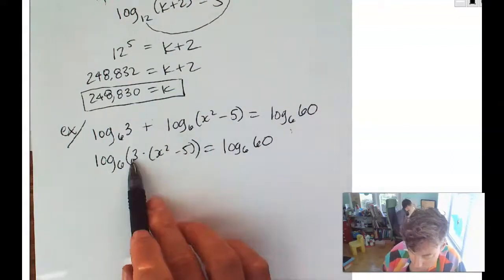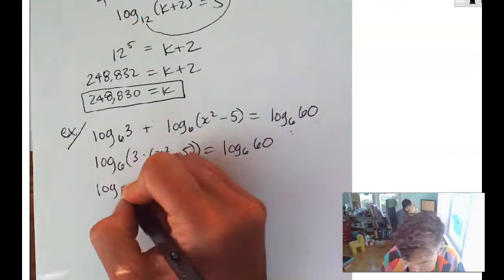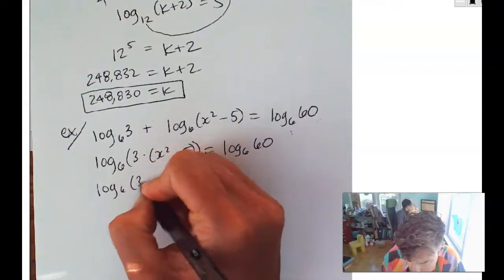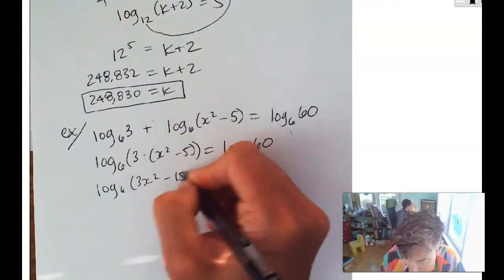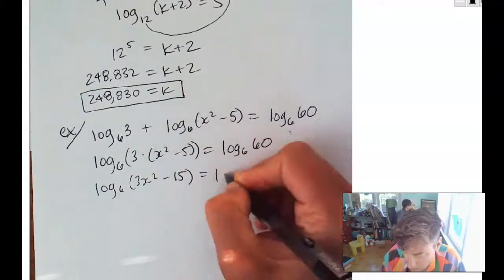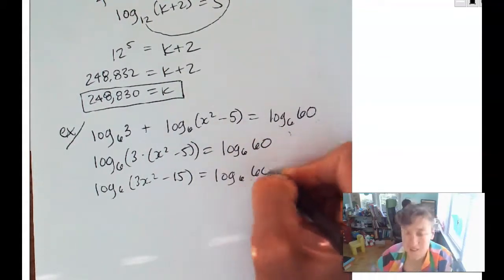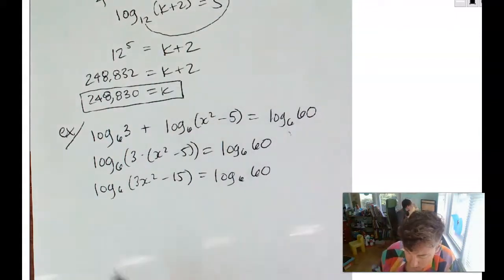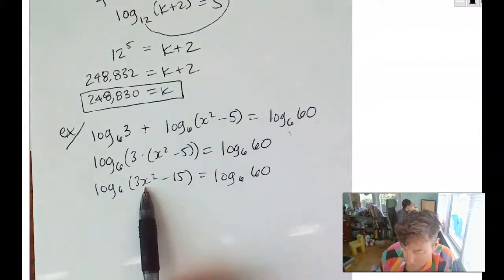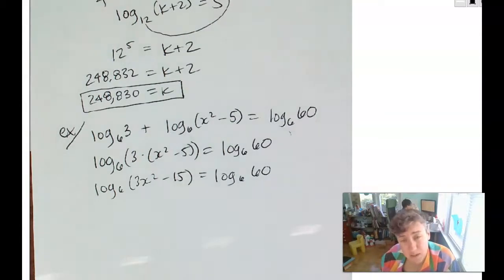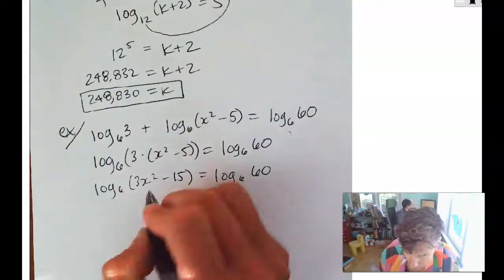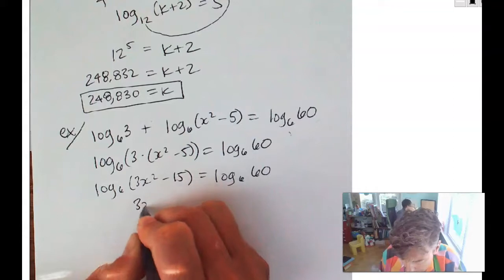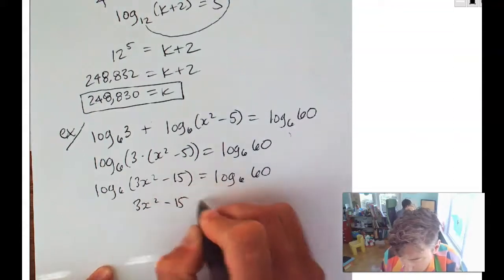So let's distribute. We'll get log base 6 of 3x squared minus 15 equals log base 6 of 60. So this means that 3x squared minus 15 must equal 60.